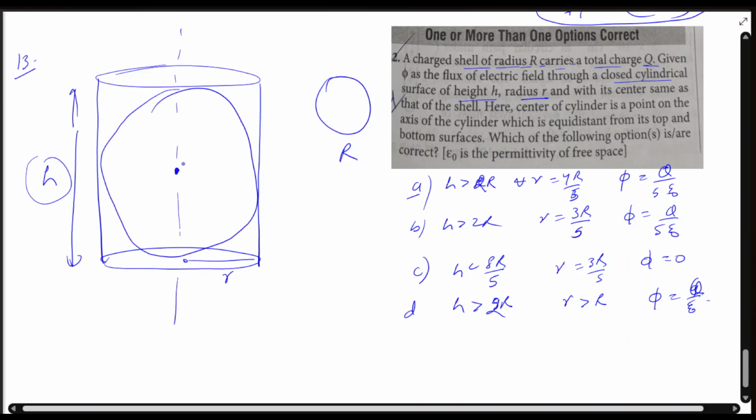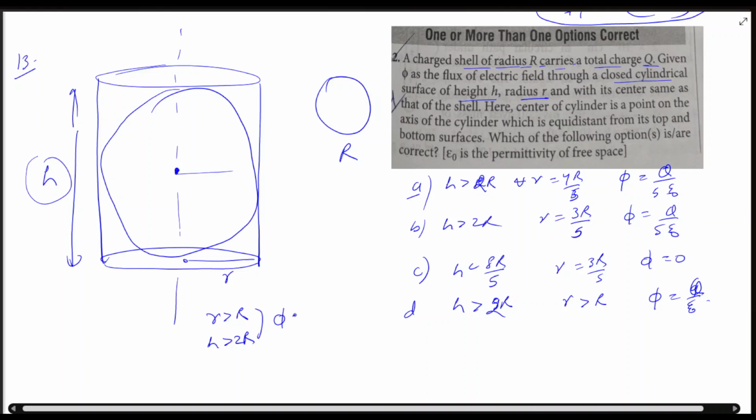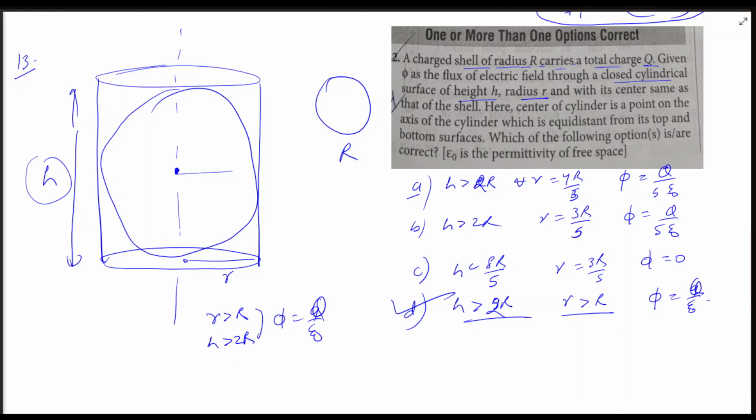If r is greater than R and H is greater than 2R, then the whole sphere will be inside and the flux is simply Q upon epsilon naught. So option D is correct, and we do not have to check this.